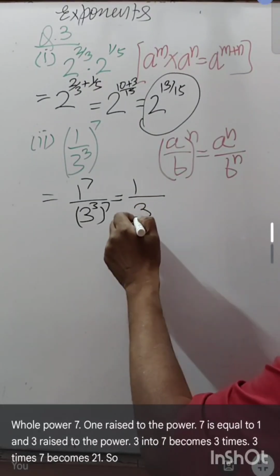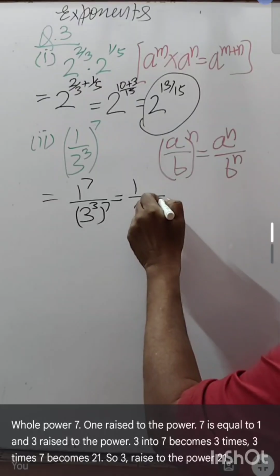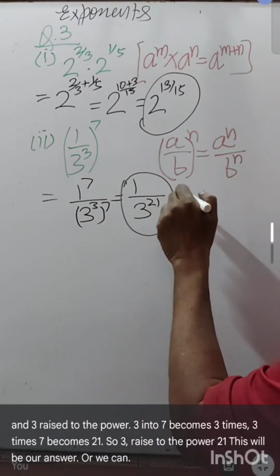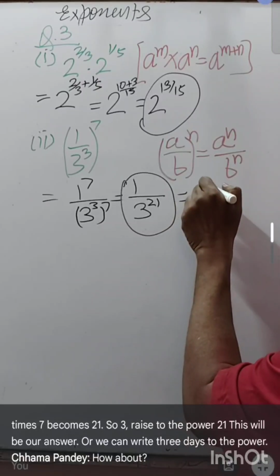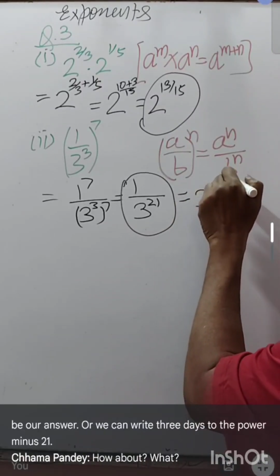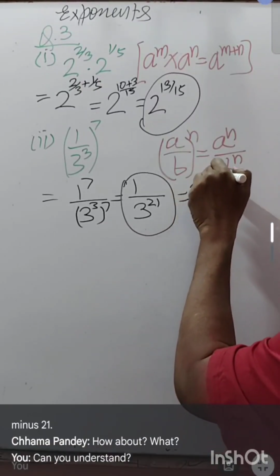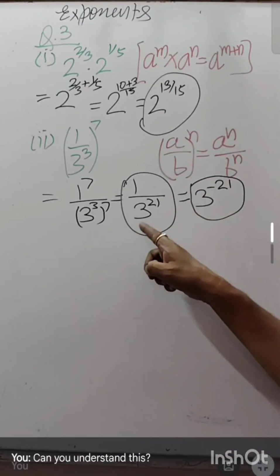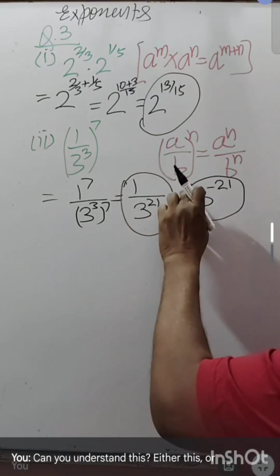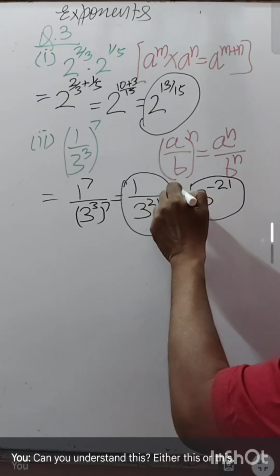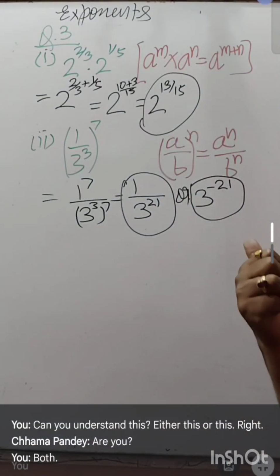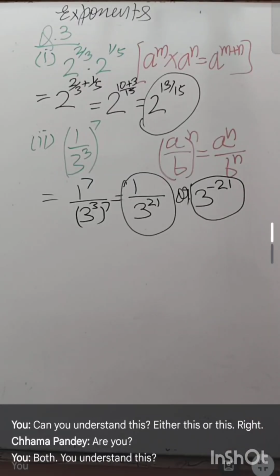So 3 raised to the power 21. This will be our answer, or we can write 3 raised to the power minus 21. Can you understand this? Either this or this, right? Yes, sir.